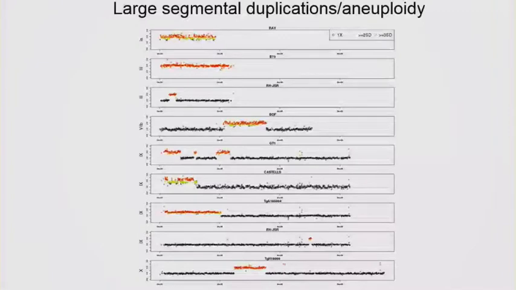And so one is that we found large segmental duplications and aneuploidy in some of the strains. So this is where one strain has an extra copy of chromosome 1A, and another strain has an extra copy of chromosome 3. And then other chromosomes and other strains have smaller duplications called segmental duplications.